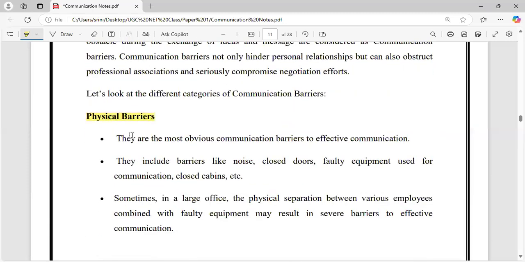First one, physical barriers, the most obvious barriers to effective communication.